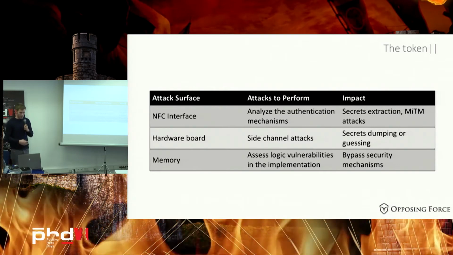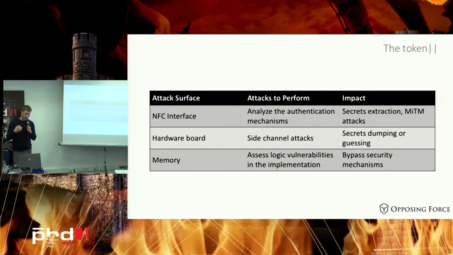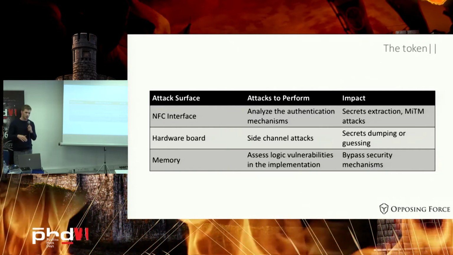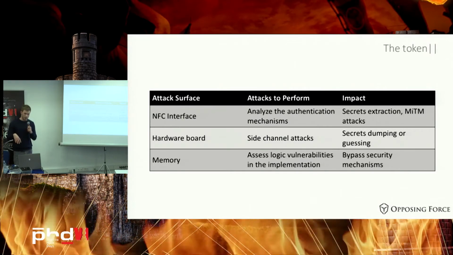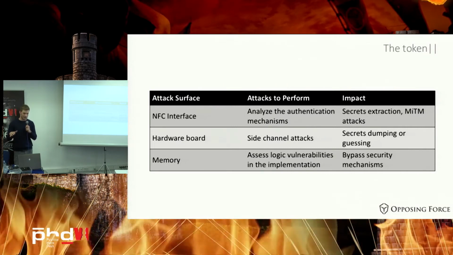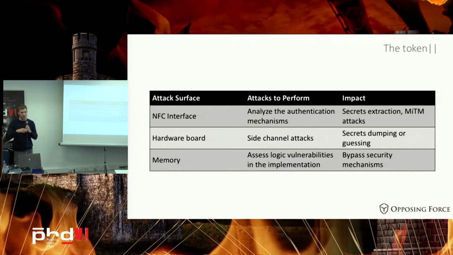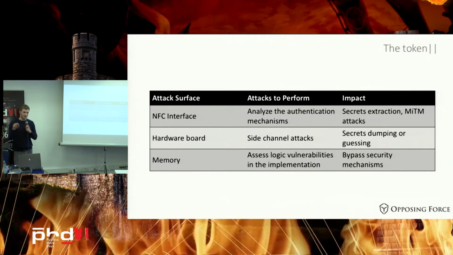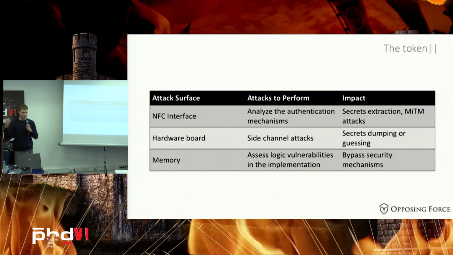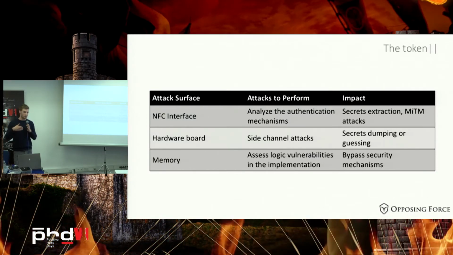And then we have the memory, in which, in my experience, I see a lot of bad implementation of the data inside the memory. For example, we had this penetration test in which there was a MIFARE Classic infrastructure, so already broken, but the access level was not on the online database, but was inside the token.